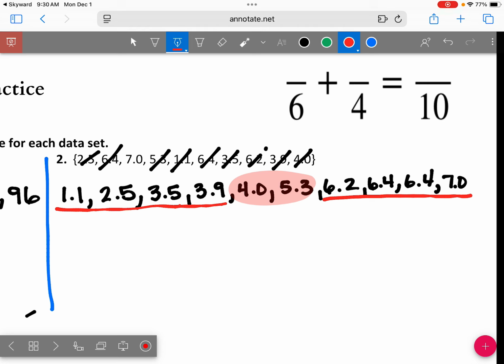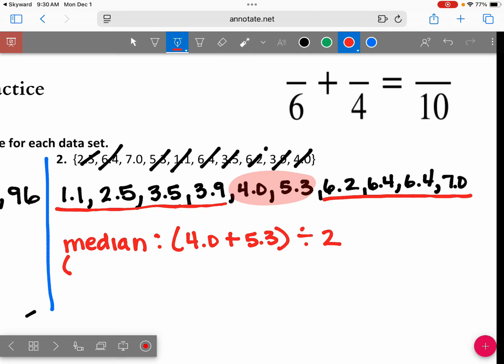We find the mean. So the median, because there's 2 numbers, is going to be 4.0 plus 5.3, and then divide that by 2 because there's 2 numbers. So whenever it's more than 1, we have to find the average of the 2 numbers. If there's 2 numbers in the middle, we have to average it. So in your calculator, go ahead and add 4.0 plus 5.3 and then divide that by 2.